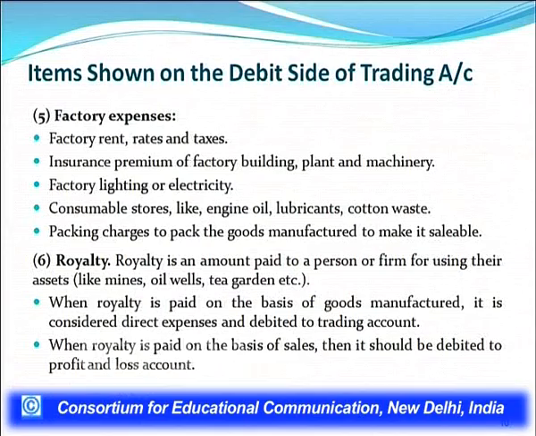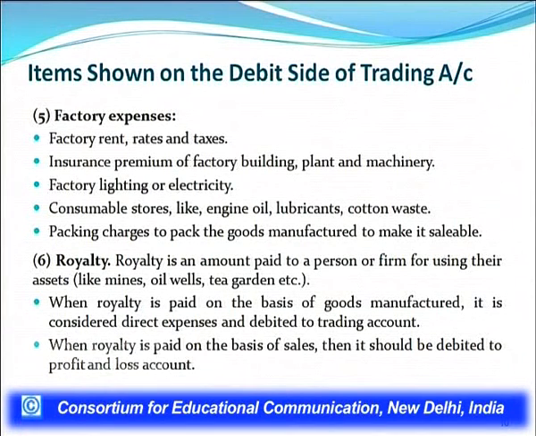Then factory expenses. As we know, goods are manufactured in the factory or workshop. So, all expenses relating to the factory are also shown on the debit side of the trading account. It may be factory rent, factory rates.